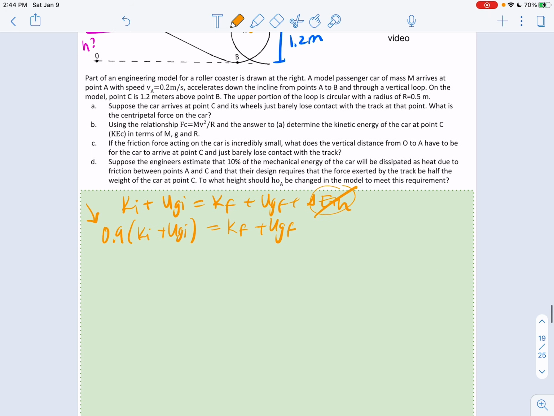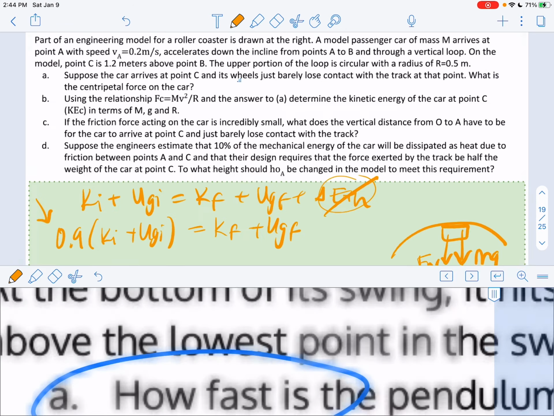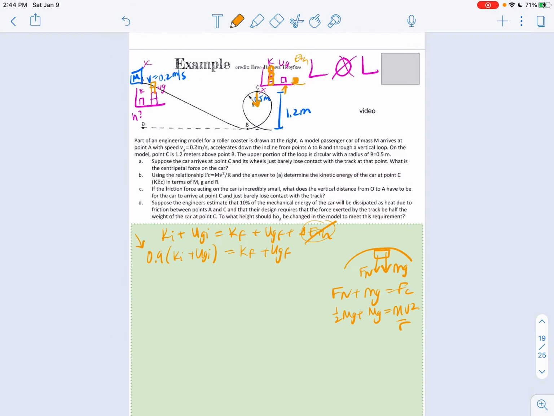Other than that, everything's the same except for at the top of the path here. You had your mg from the car, but now they're saying they also want you to have a normal force. So now my Fn plus my mg is going to be my centripetal force, or half mg plus mg is mv squared over r.